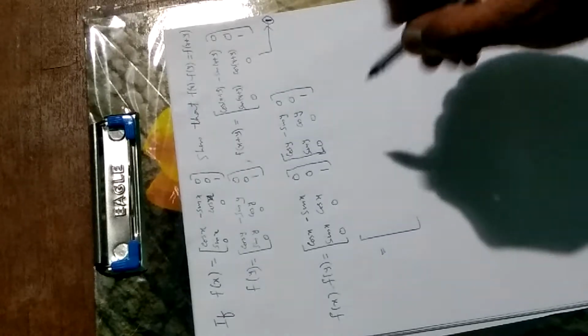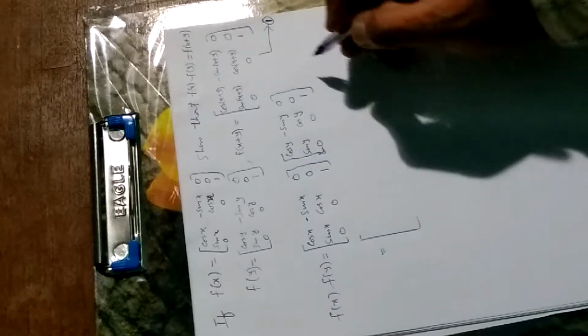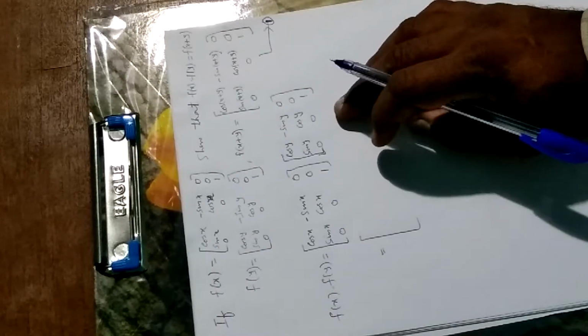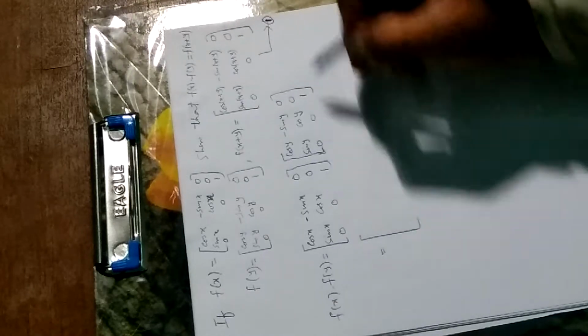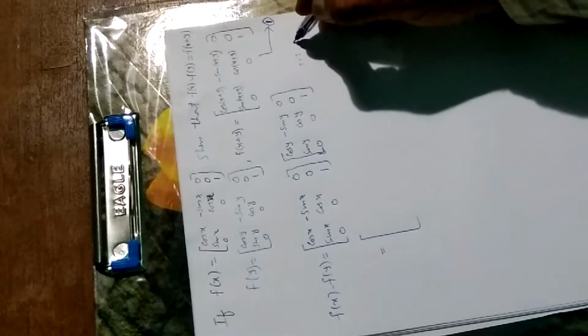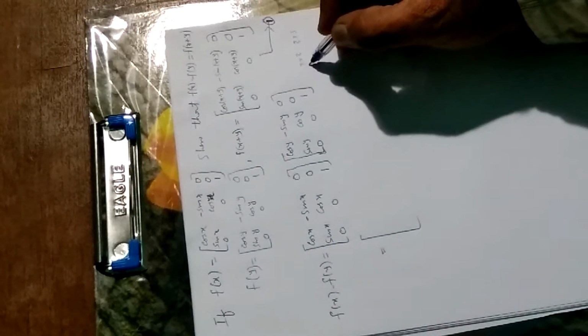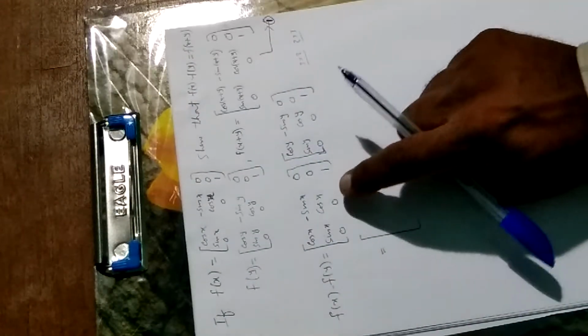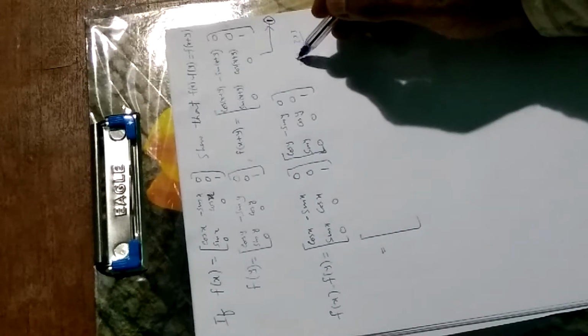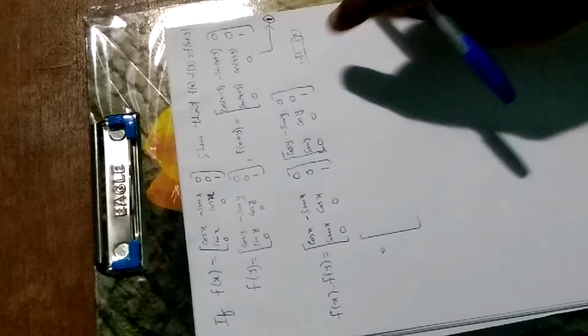Matrix multiplication is possible only when the columns of the first matrix are the same as the rows of the second matrix. Like this matrix is 3 by 3 and this matrix is also 3 by 3, right? So the first matrix is 3 by 3, the second matrix is also 3 by 3. These two numbers must be same.